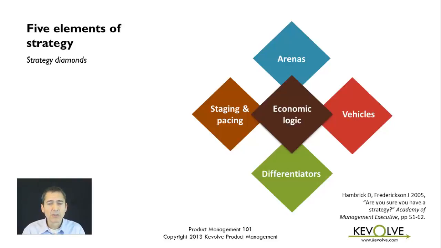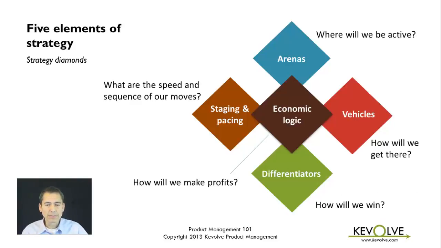The 5 elements of strategy: we start with arenas. I'm an American, so I think about basketball. Basketball teams play in arenas. And it's the same for you. Your company, your corporation, where are you playing? Where are you being active? That's your arena. The vehicles: how will you get there? How will you get to your objectives?